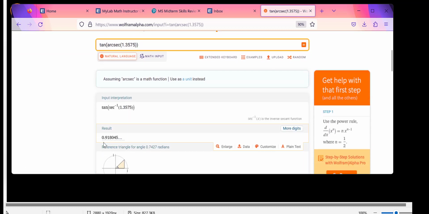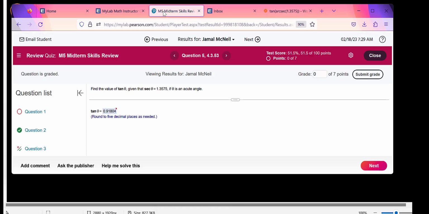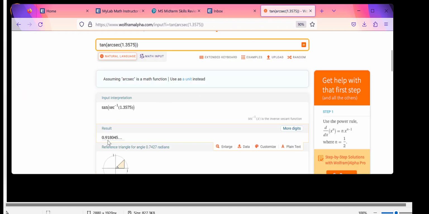And we get a value 0.9180, etc. We got a lot of decimals in there. Let's see what my math lab wants in terms of decimals. It wants 5 decimal places. So we would go 0.91805, depending on how you round.